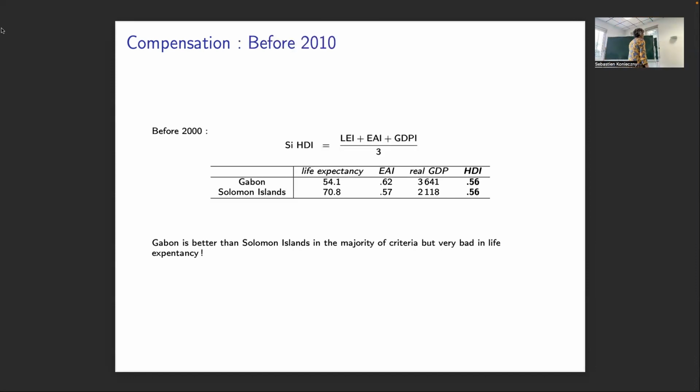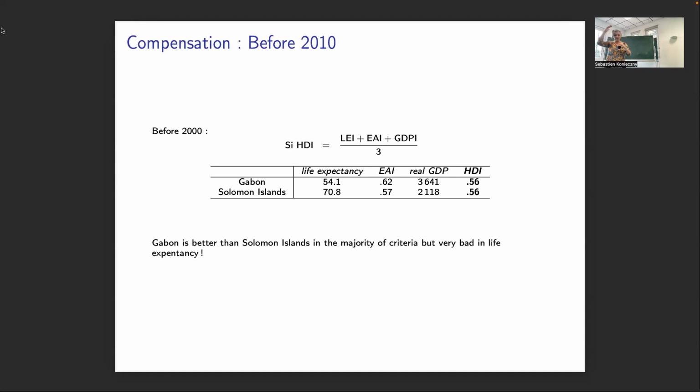So what I was saying, Gabon is better than Solomon Island in the majority of criteria, but very, very bad in life expectancy. But in this period, when they calculated, they were using just the weighted sum by using the Atkinson transformation. Do you remember the Atkinson transformation?